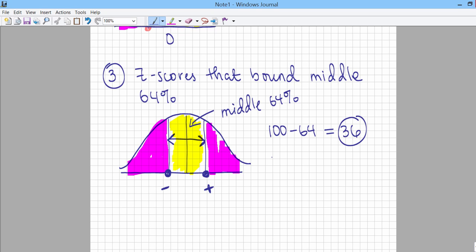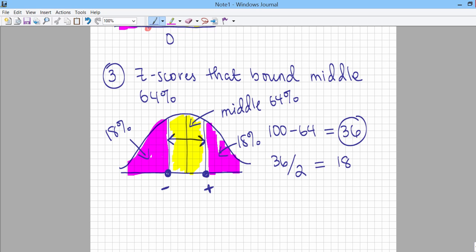So if I do 36 divided by 2, which will be 18, that would be my area over here. 18% and 18%. So that means if I plug in 0.18, I should be able to find this z-score right here.